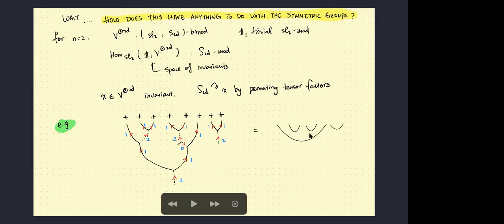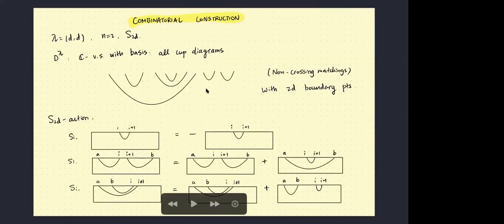So all the cups would not cross each other. And then, of course, I need to sort out my orientation a little bit. But basically, I get a picture like this. So this is the motivation of why these cup diagrams, and by definition, these are non-crossing matchings of 2D dots on the top. So I just pair the dots with arcs, but the arcs cannot be allowed to cross each other.